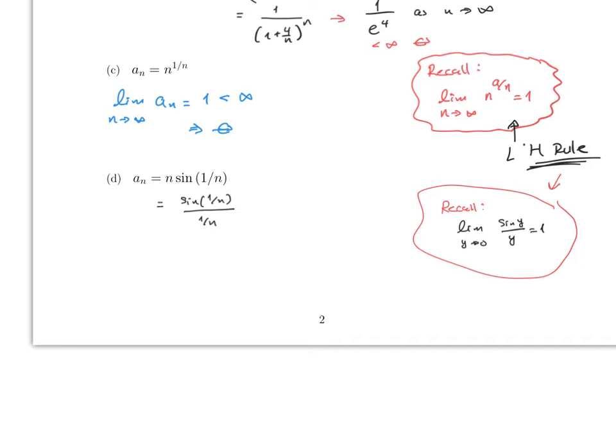And also notice that as n goes to infinity, 1/n goes to 0, which means you can use this formula. So the limit as n goes to infinity of sine of 1/n divided by 1/n is the same thing as this limit exactly, because this goes to 0. So the limit is 1, which is less than infinity, so this is also convergent.